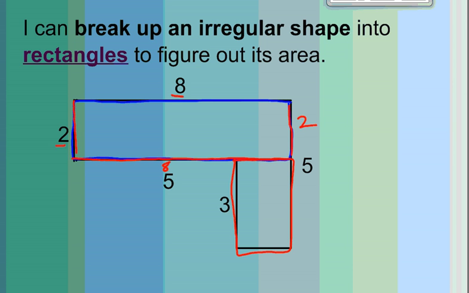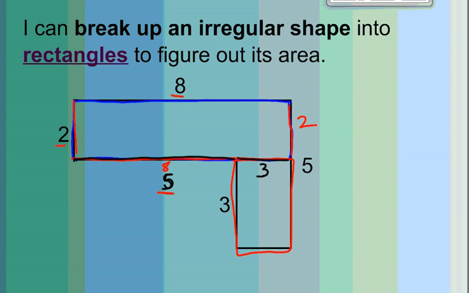But then I'm also told right here that this section of my rectangle, from there to there, equals 5. Well, if my whole side equals 8, this is going to equal 3, because 3 plus my 5 equals the whole side of 8.